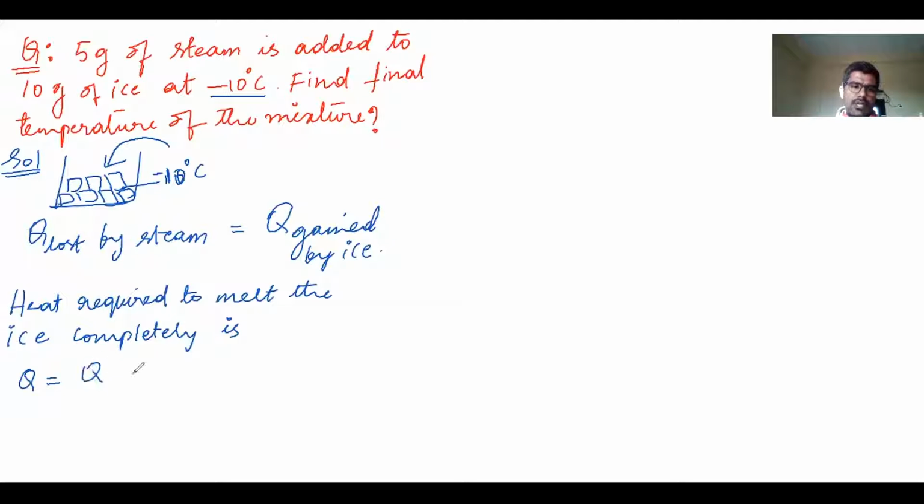So that is Qs. And ice at 0 degrees Celsius should be melted and converted into water. That is QL. Latent heat and specific heat. Q will be equal to mass of the ice into specific heat of ice into change in temperature of the ice, plus, in order to melt it, mass of ice into latent heat of ice.